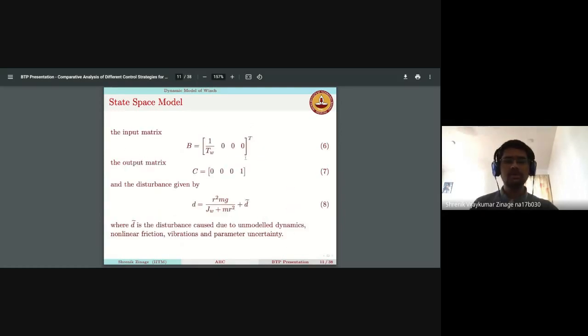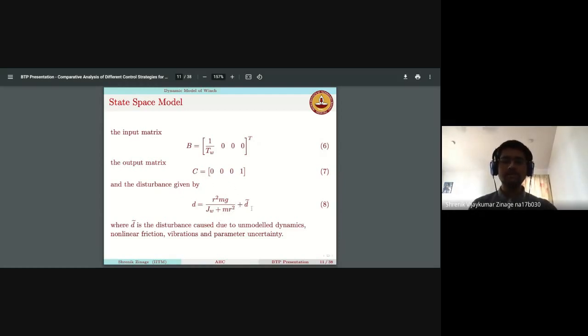Okay, and the input and the output matrix is given by equation 6 and 7. The disturbance matrix is given by equation 8, where this term, which is r square mg by jw plus mr square, is the constant disturbance that is taking place because of the weight of the payload. So due to the weight of the payload, if you want to keep the load at that fixed position when you apply zero control input, this disturbance would have to be taken into account.